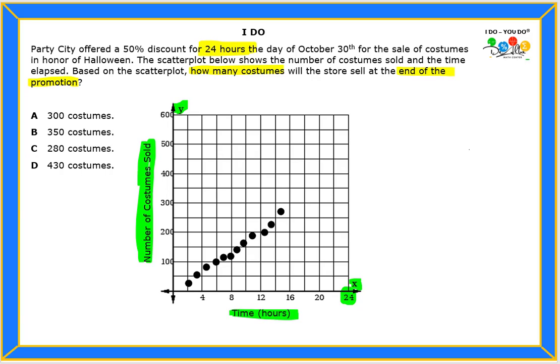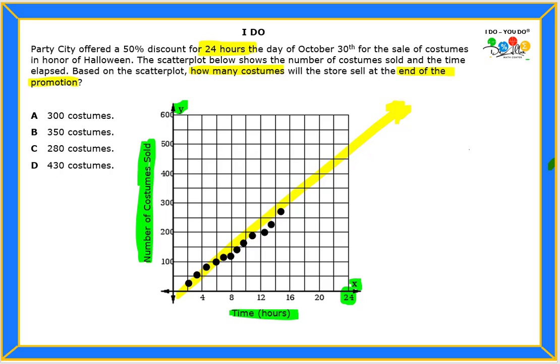And then that will give us a good prediction of the number of costumes that they expect to sell by then. And we have answer choices, so that's even better, because we can actually find those points on the graph. So if I want to draw a line, I'm thinking about doing something like this.